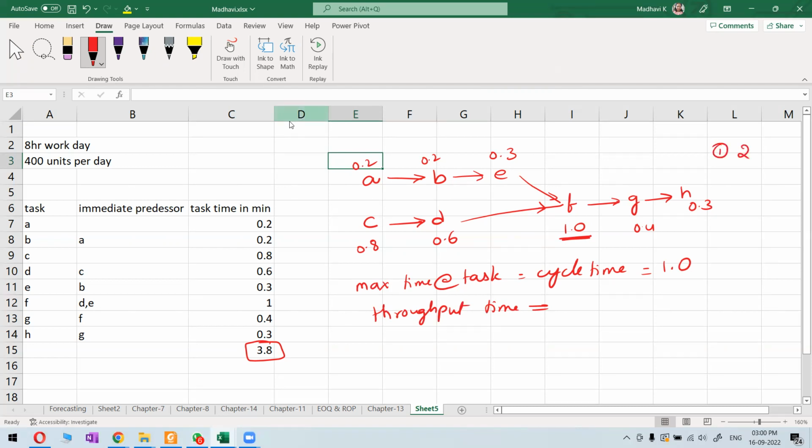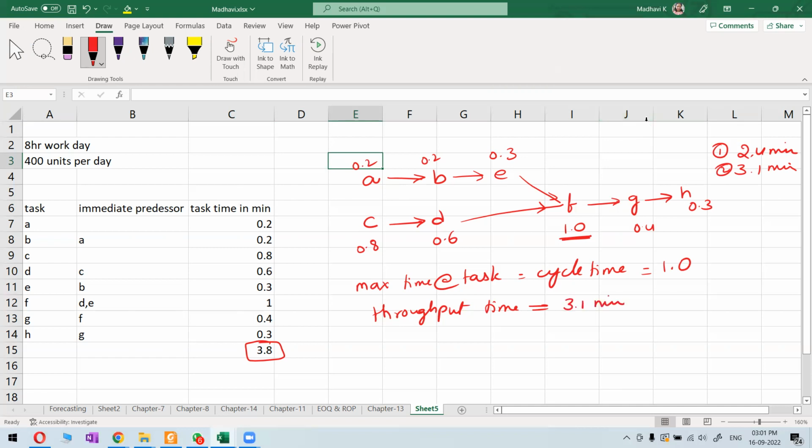So 2.4 minutes in one line, and the second line is 0.8 plus 0.6. Considering this, the maximum of these two paths is the throughput time. Here, throughput time is 3.1 minutes.